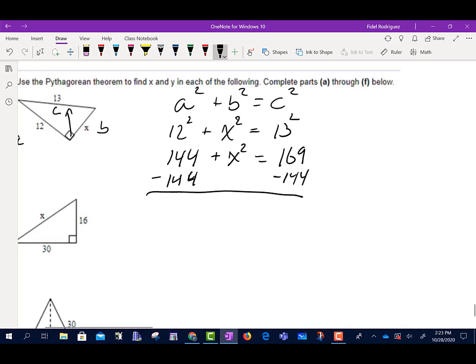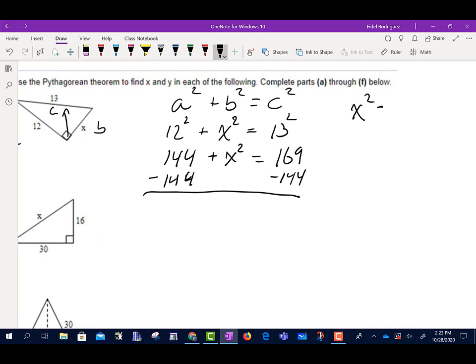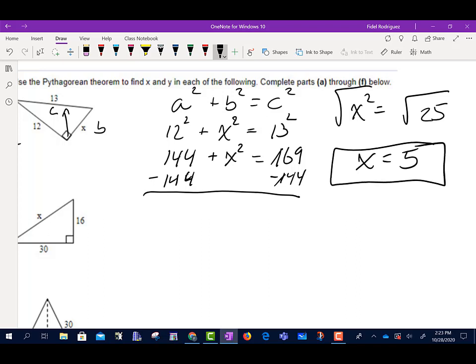I'm going to move this over a little bit so I have more room. X squared equals, let's see, 9 minus 4 is 5. 6 minus 4 is 2. Those ones cancel. So x squared equals 25. Again, we're going to take the square root on both sides. The square root of 25 earlier we said was 5. So there's our missing piece right there.